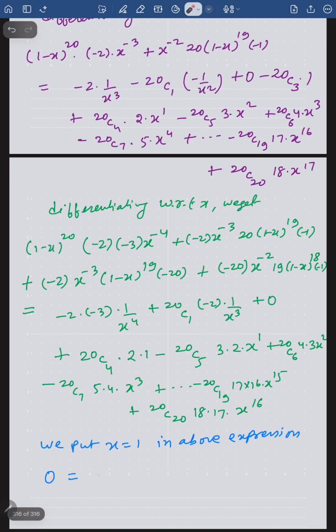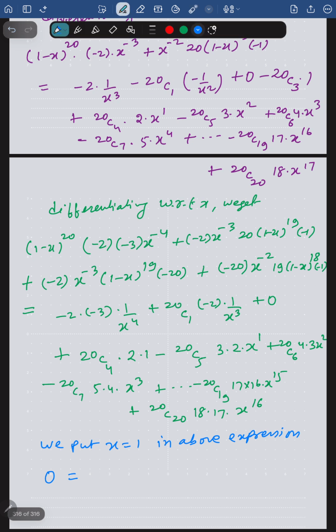So first term will give you plus 6. This will give you 20 into minus 2, that is minus 40. So we will write minus 40, and then that is 0.